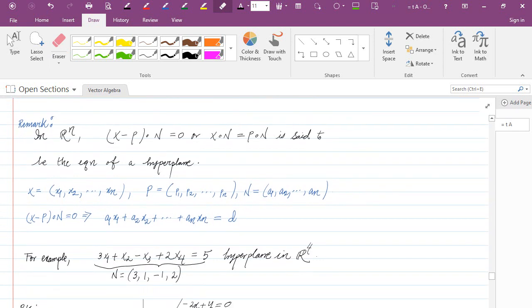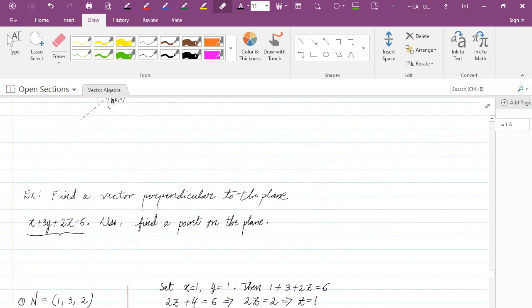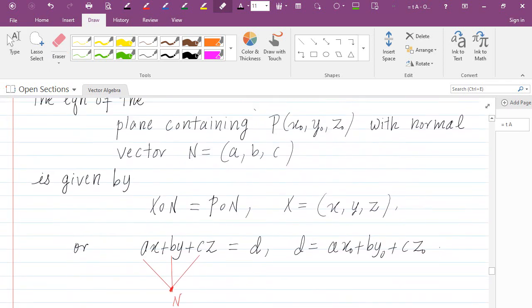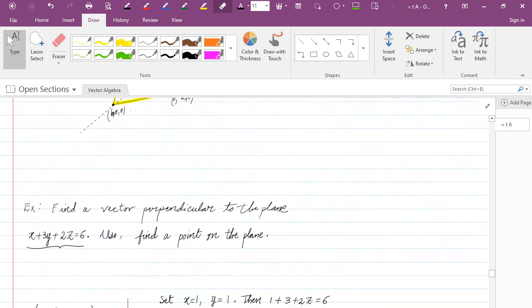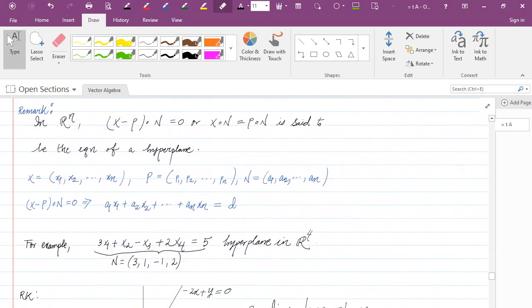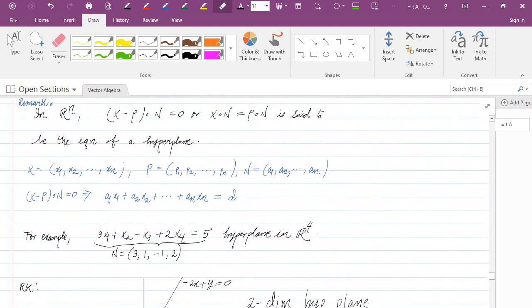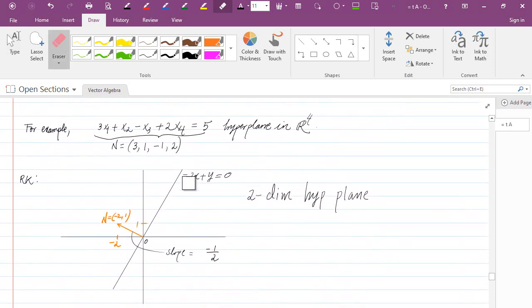So again, what we are trying to say here is, recall that the equation of a plane is given by this equation here. Now, if we take the same equation in dimension n, then the graph of that equation is called a hyperplane. The straight line is called a two-dimensional hyperplane.